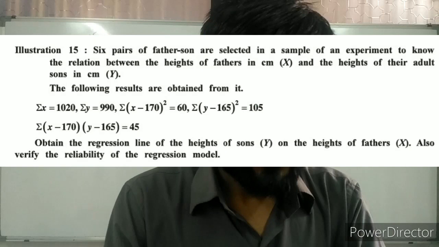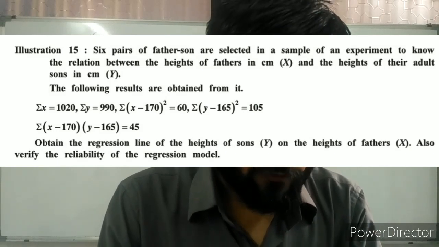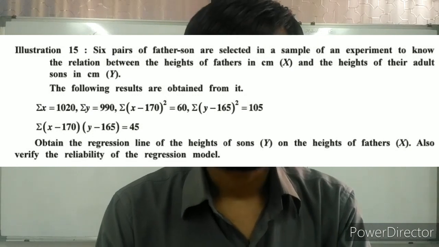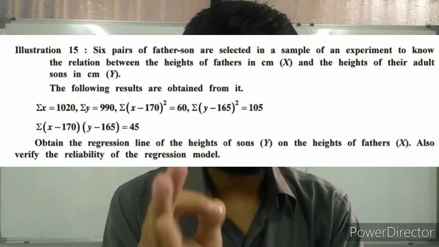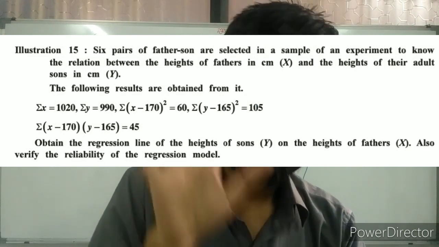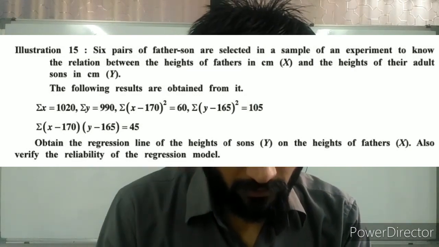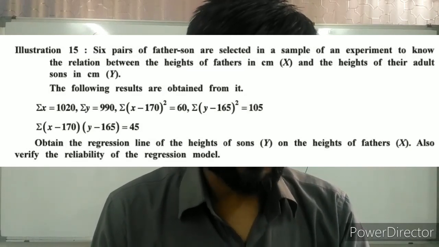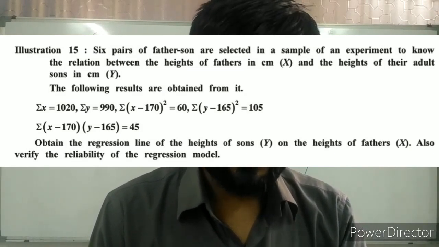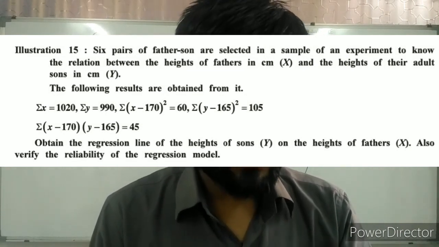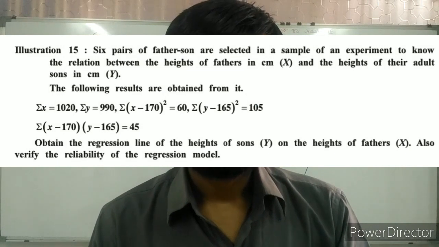Illustration number 15: 6 pairs of father and son are selected in a sample. It means 6 pairs are taken, so n is equal to 6. It is an experiment to know the relation between the height of father in centimeter and the height of their adult son in centimeter.